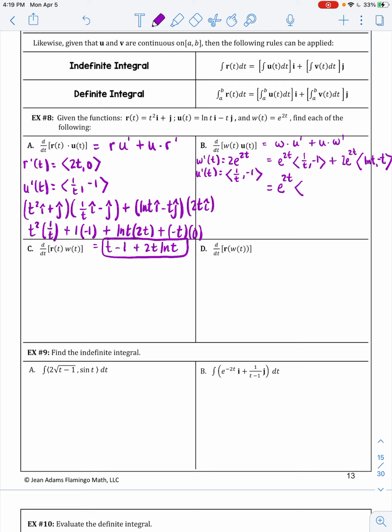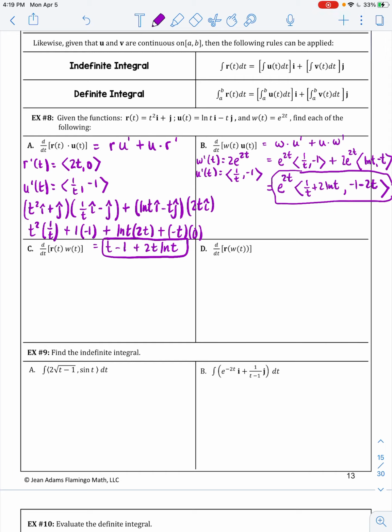Add the first ones together because they are being multiplied by the i. So if I distribute the 2, this would be plus 2 ln t, comma, and then this would be negative 1 minus 2t, excuse me. Got to distribute the 2 to that one also. So you could write your answer like that. I'm just going to leave it like that just as another way to write it.